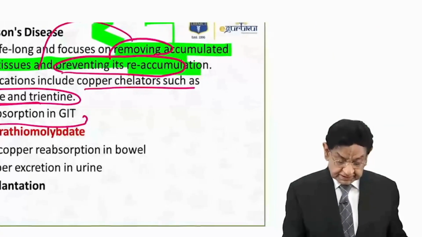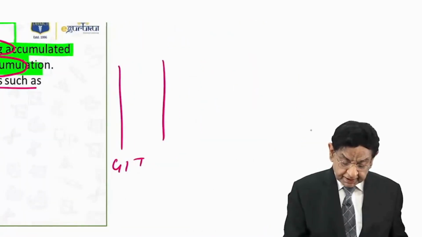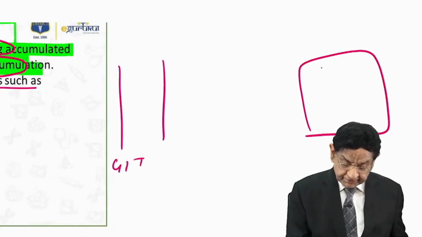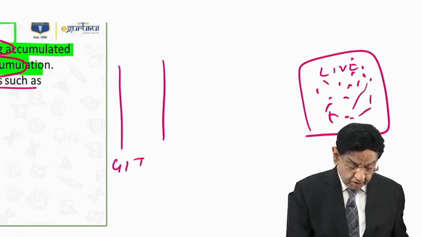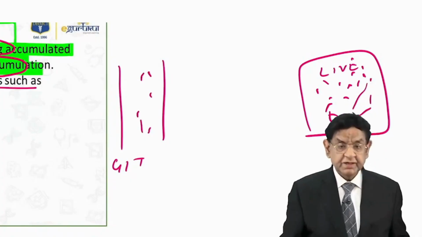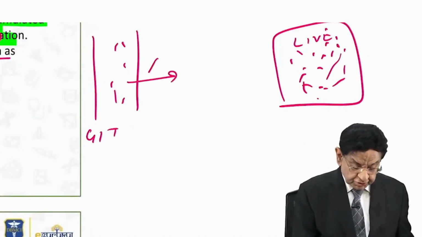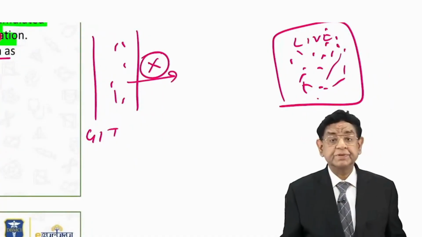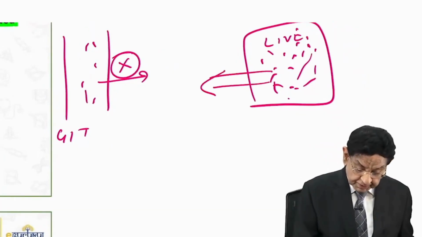So this is the GIT, this is the copper in the body, like the liver, a lot of copper is there, copper is here. So our aim is that this copper should not come in, and this copper should come out.